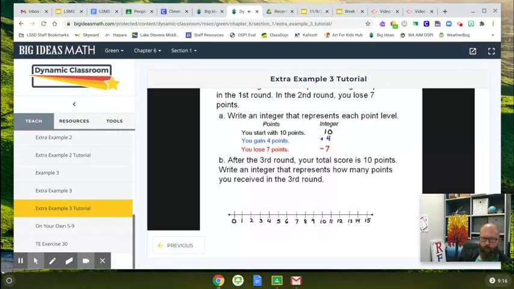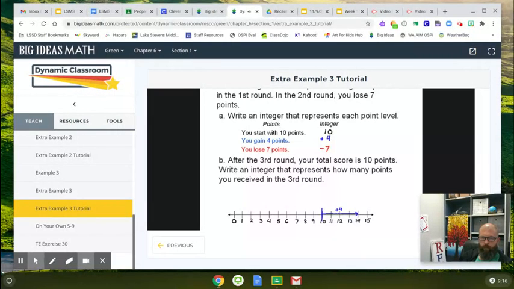Then it tells us that in the first round you gain 4 points. This is a positive number, so we will move to the right 4. 1, 2, 3, 4. So after the first round, you have 14 points. In the second round, you lose 7 points.